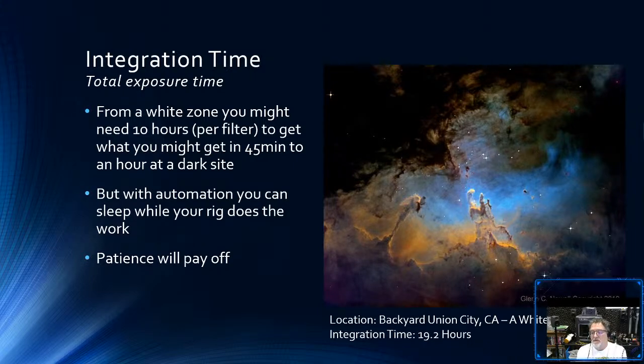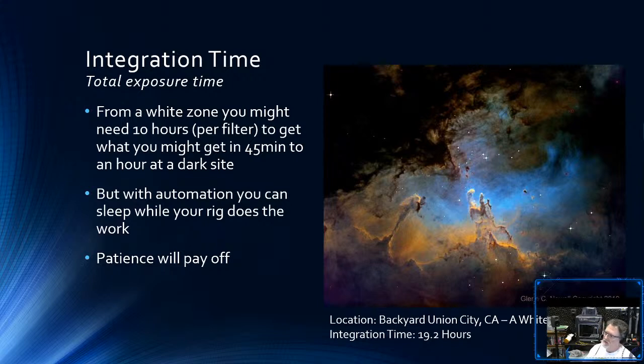The other thing that you can do about light pollution is be patient and collect lots of data. So yes, it's not going to be, you go to a dark site and image for 45 minutes and come away with some data that you're going to then process. That's not going to happen from a light pollution area, but you can get the same end results by just increasing the total exposure time.